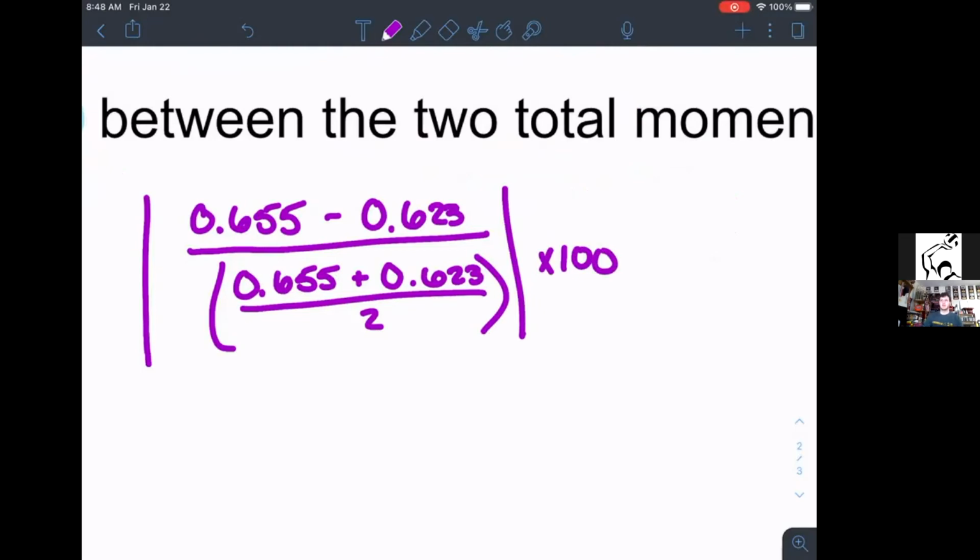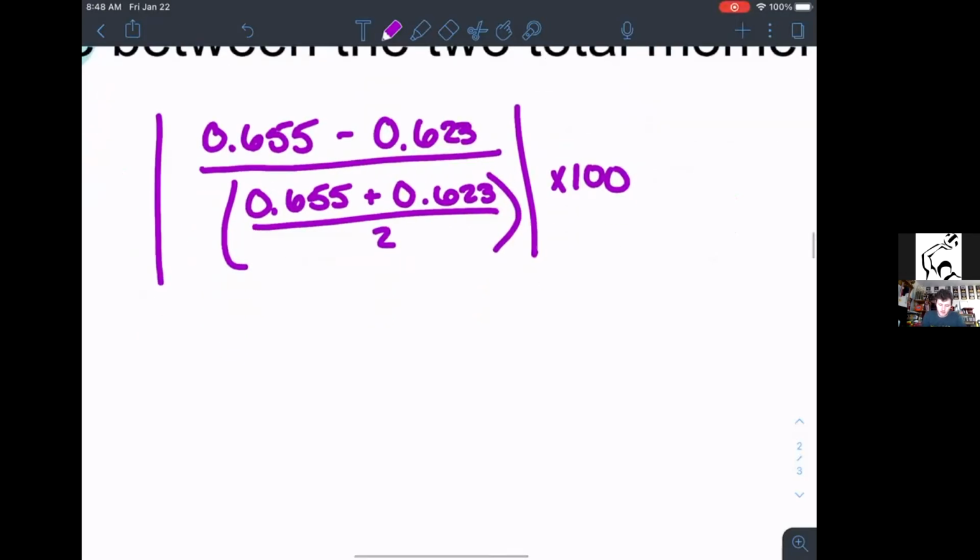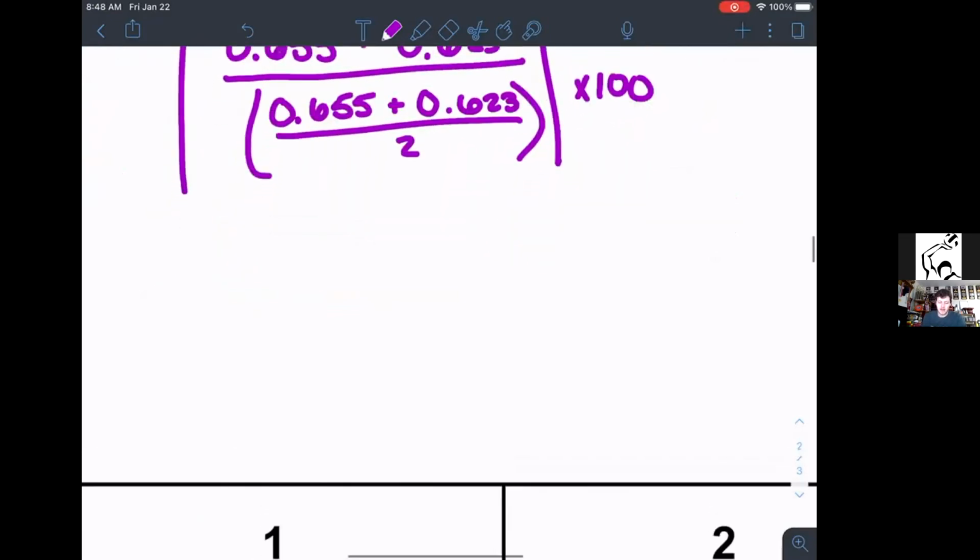So when we do the top, the absolute value bars can go away since we don't have anything negative.